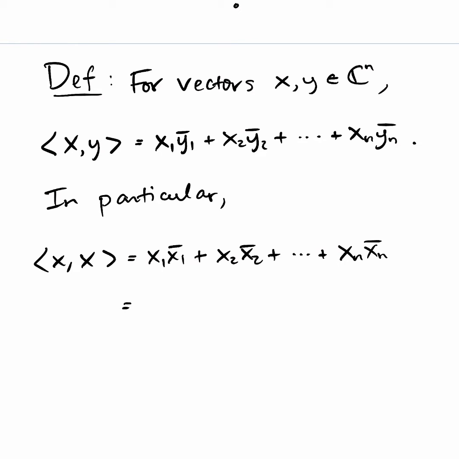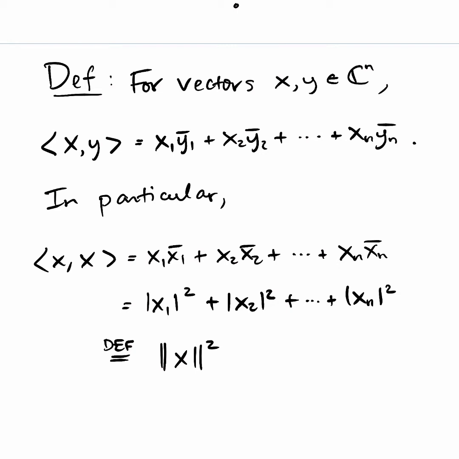But each of those coordinates, x1 through xn, is just some complex number. And we just decided when you multiply a complex number times its complex conjugate, you get nothing other than the square of the absolute value of that complex number. So this expression boils down to absolute value of x1 squared plus absolute value of x2 squared plus dot, dot, dot, absolute value of xn squared, which is exactly how we think of the magnitude of a vector in Cn.